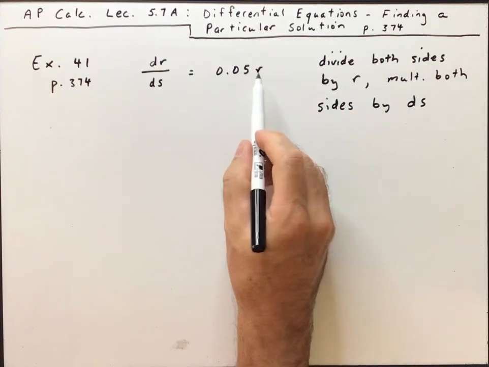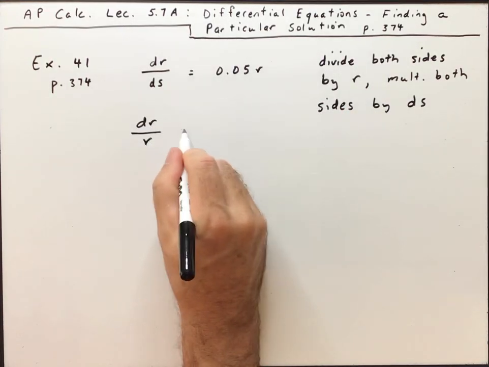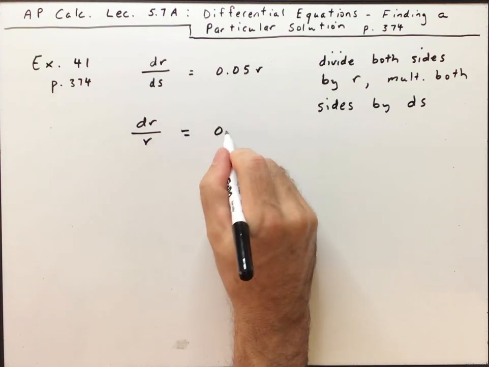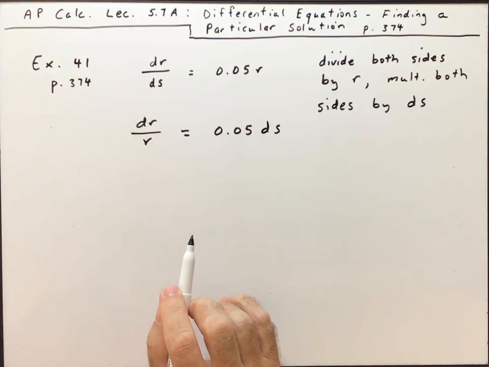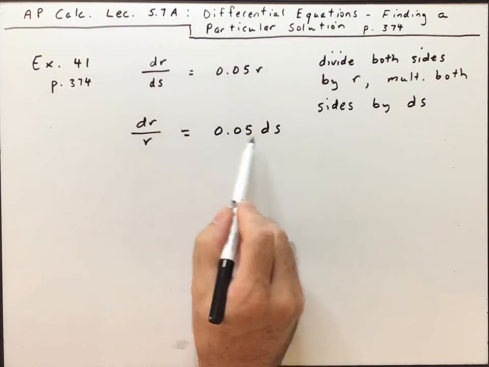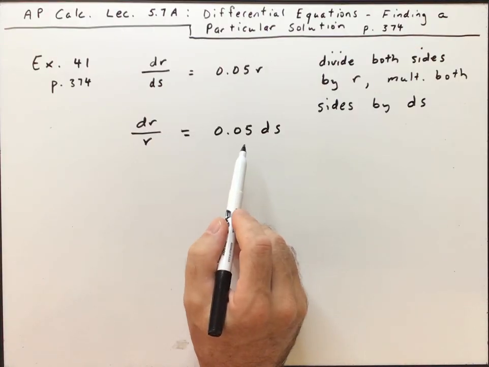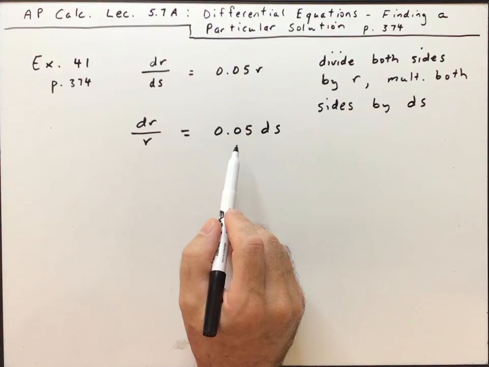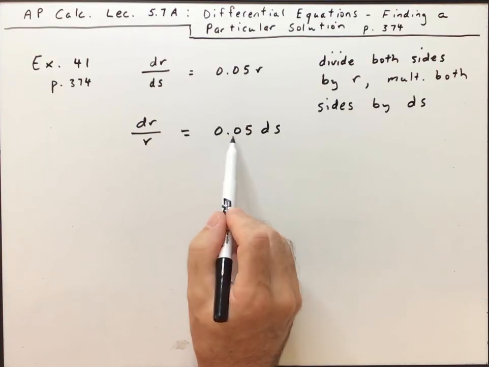So that'll move the ds to the right, and that'll bring that r over to the left. You can double check me if you want, but this and this are the exact same thing. Okay, and now you have an easy integration on both sides. I think it's easier because ds is an easy integration. Let's leave the constant on that side instead of bringing it over here.